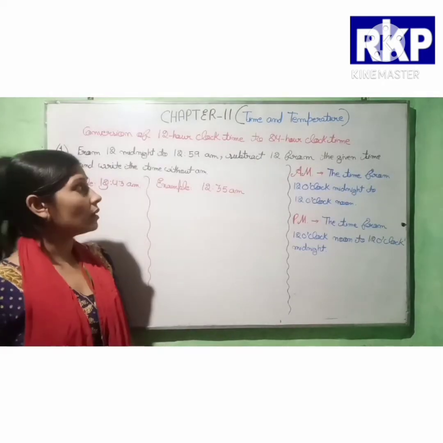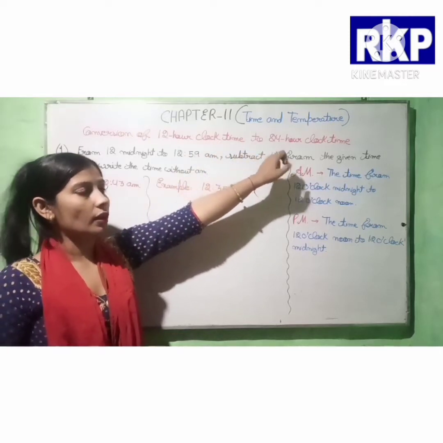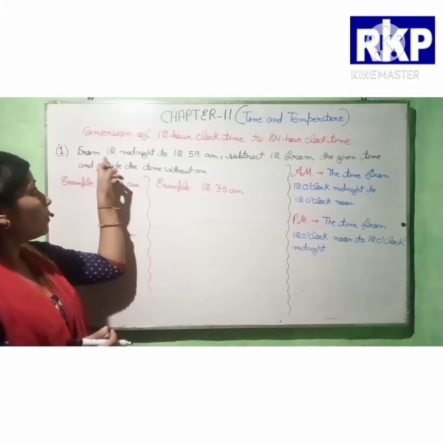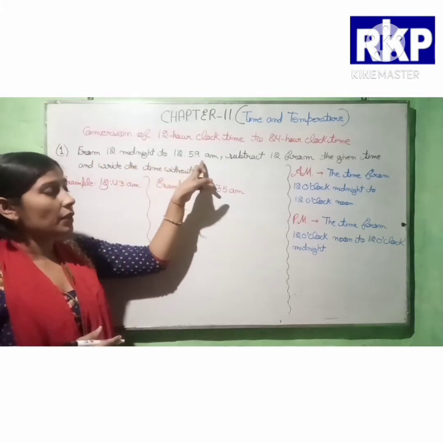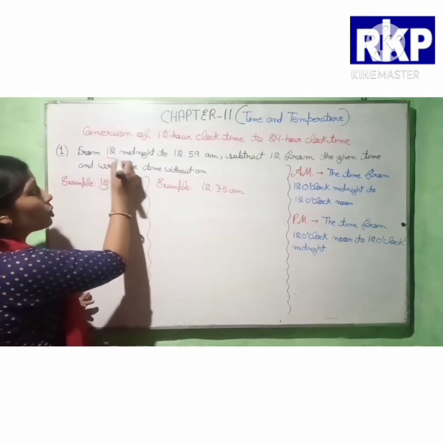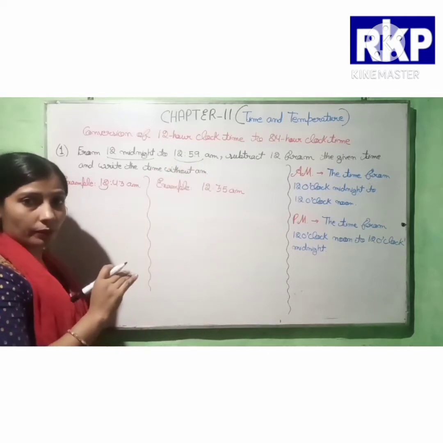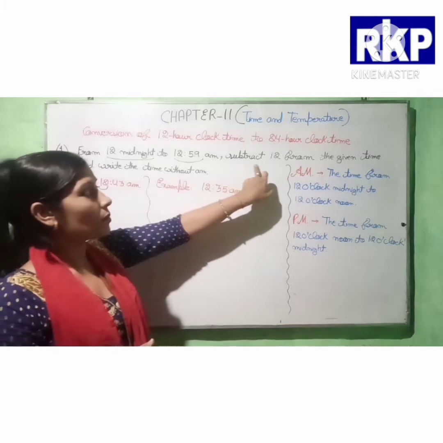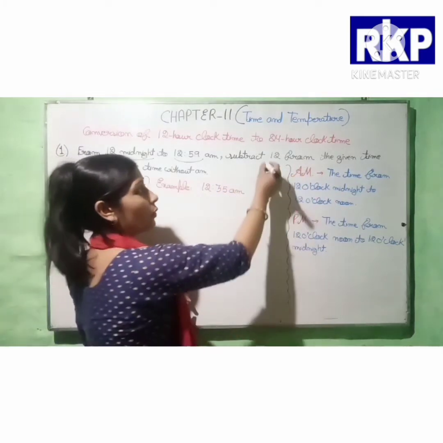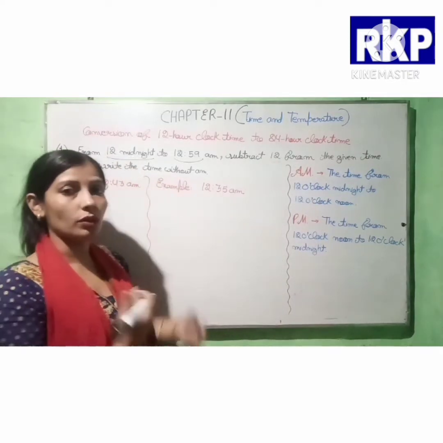Let us see how we can convert 12-hour clock time to 24-hour clock time. Students, if the time is from 12 midnight to 12:59 am, then we have to subtract 12 from the given time and write the time without am.